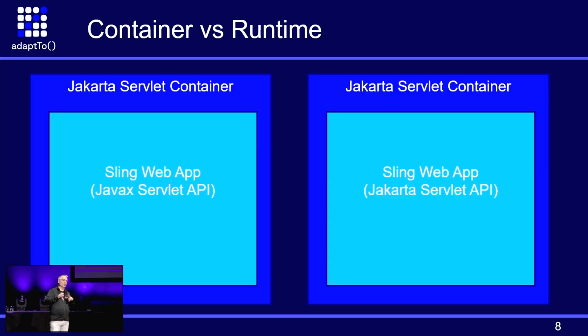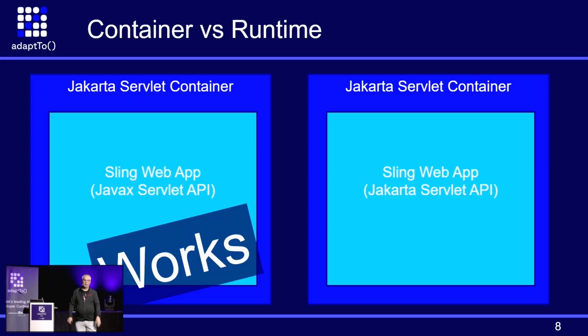And then inside you have your web app running, and that includes Sling. And inside Sling you can use the Java Servlet API, the javax Servlet API. And on the outside we already support for quite some time the Jakarta Servlet API. So you can run Sling in any newer Servlet containers.